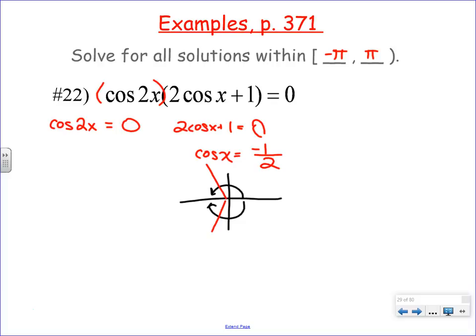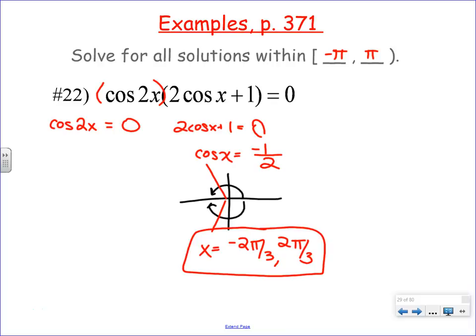But are we allowed to put 4π/3 if we're only allowed to do negative? No. Negative 2π/3. So we're gonna have to answer it with positive 2π/3 and negative 2π/3. And why am I separating them with commas and not putting little additions? More than one answer, and I don't want infinitely many. That's illegal.